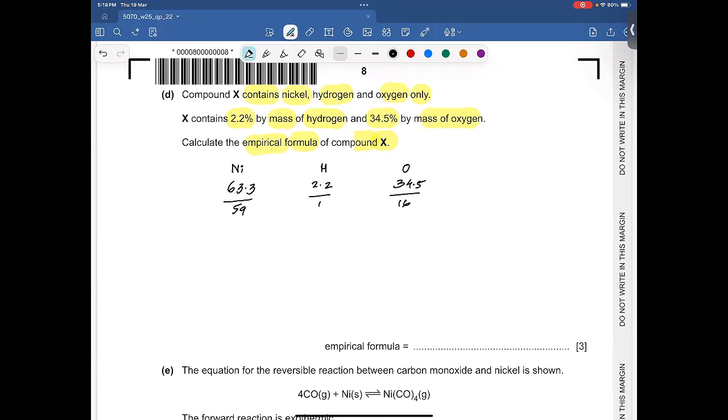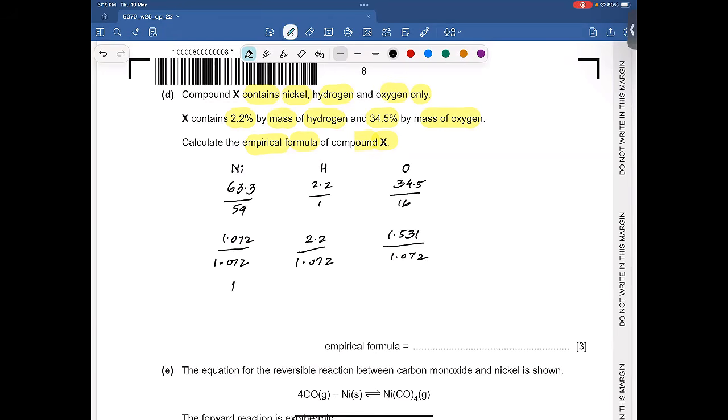Nickel: 63.3 divided by 59 gives 1.072. Hydrogen: 2.2 divided by 1 is 2.2. Oxygen: 34.5 divided by 16 is 2.156. So to get the simplest ratio, we need to divide all of them by the lowest value, 1.072.